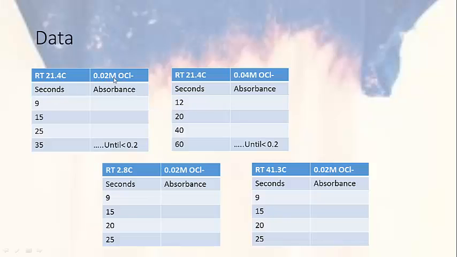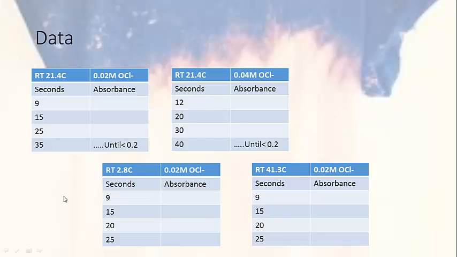And then for the lower concentration of bleach, recording every about 10 seconds is fine. So then you will repeat the reaction using the larger concentration of bleach. And again, keep recording until it's less than 0.2 units.